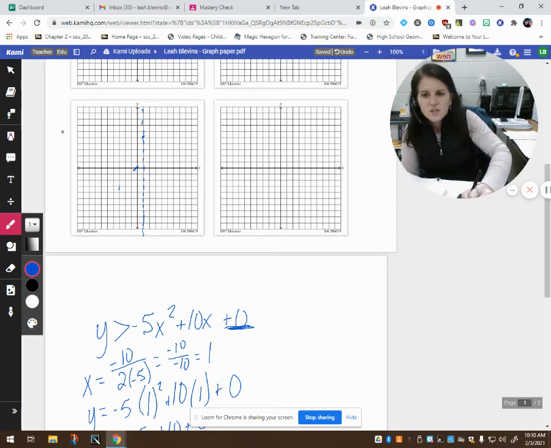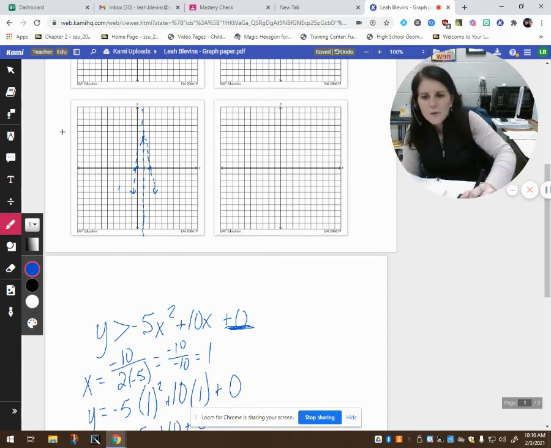So what we can do is reflect it across the axis of symmetry, and now we have our parabola. Notice I'm making it a dashed line. Why? Because it's not equal to. We don't want to include the points on our parabola, on our graph.